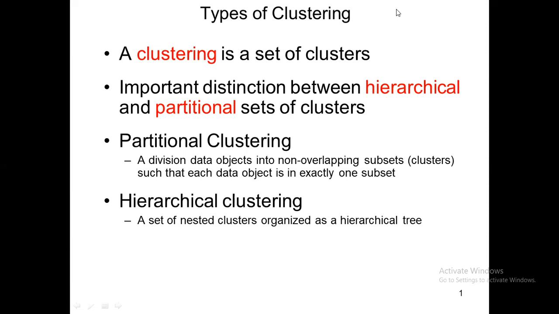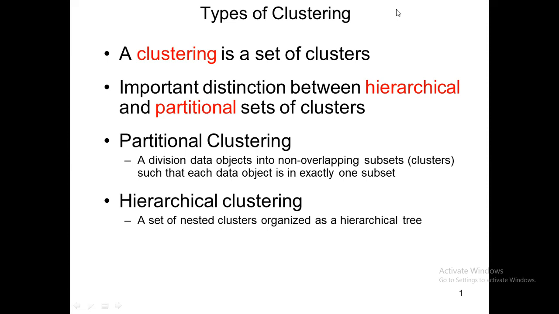One of the main features of clustering analysis is similarity-based grouping. So first is unsupervised learning, second is similarity-based grouping.